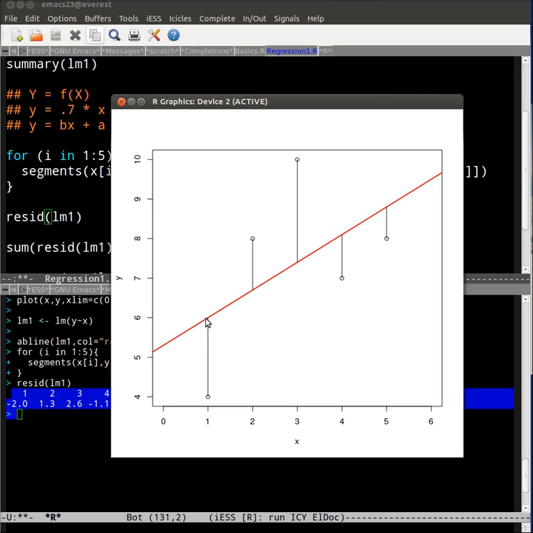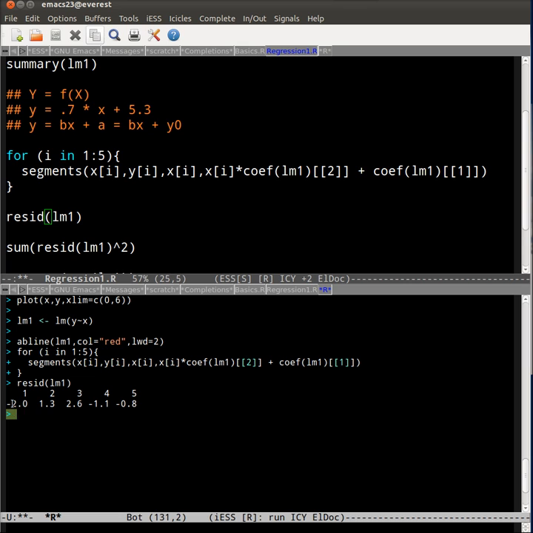For those of you who've gone through this before, and if you read my review, you'll notice that this red line is all y hat, and this is y observed, or oftentimes just typed in as y. And the way we get the residual is we take the observed and we subtract out the expected. So 4 is the observed, minus 6 gives us a -2 for our residual.